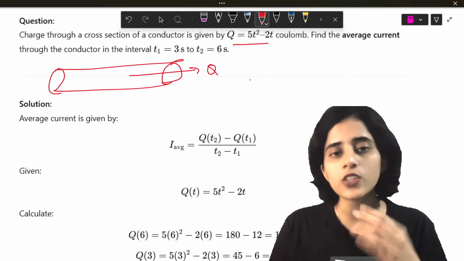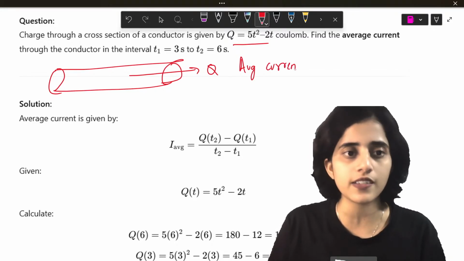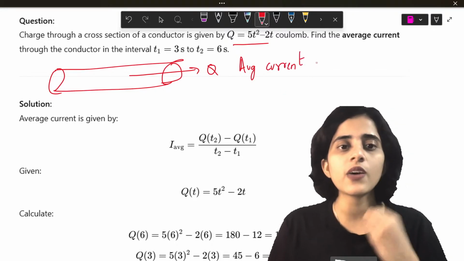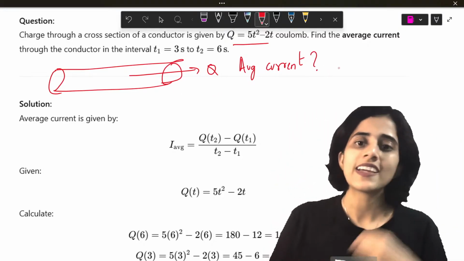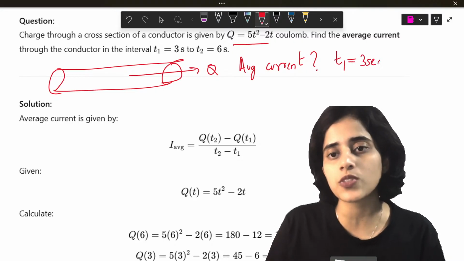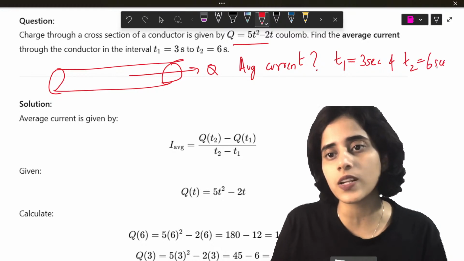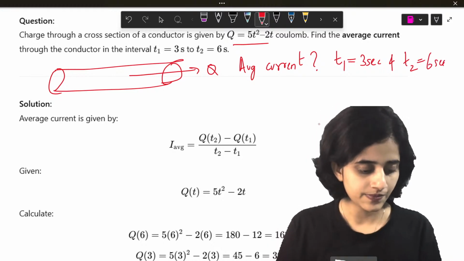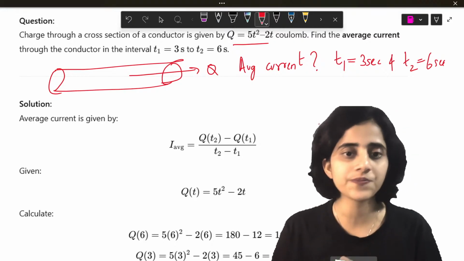Now the question is to find the average current passing through this wire between the time interval t1 equal to 3 seconds and t2 equal to 6 seconds. Is the question clear?